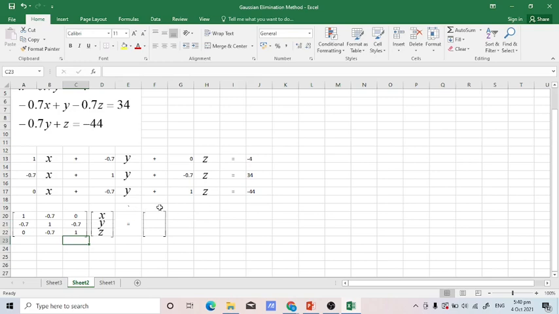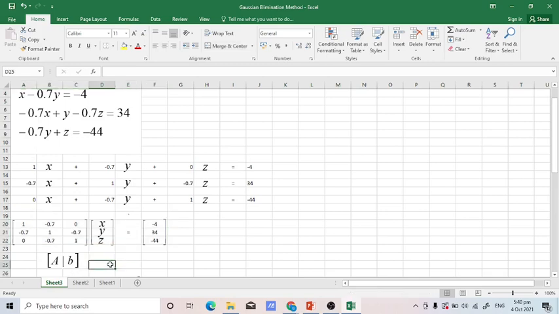Magtanong kayo halimbawa kung nako-confuse kayo. So, meron equals negative 4, equals 34, equals negative 44. So, yan ang ating matrix equation.